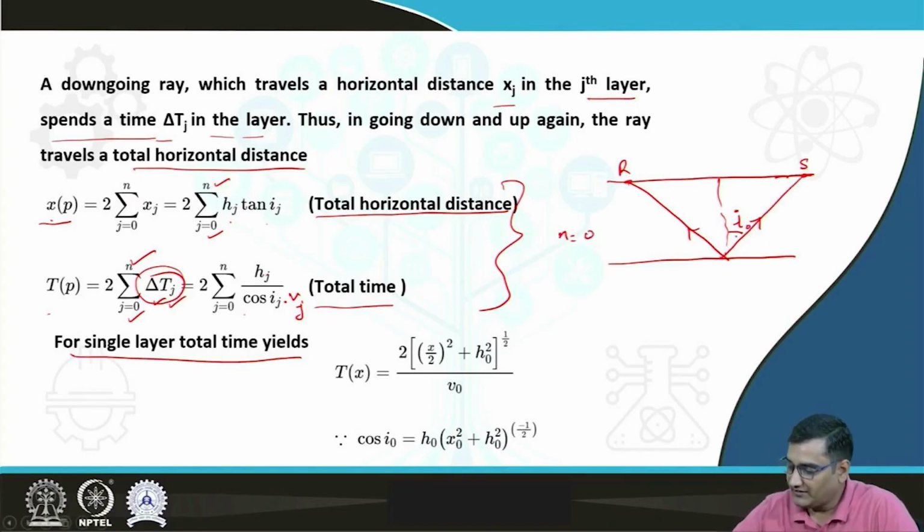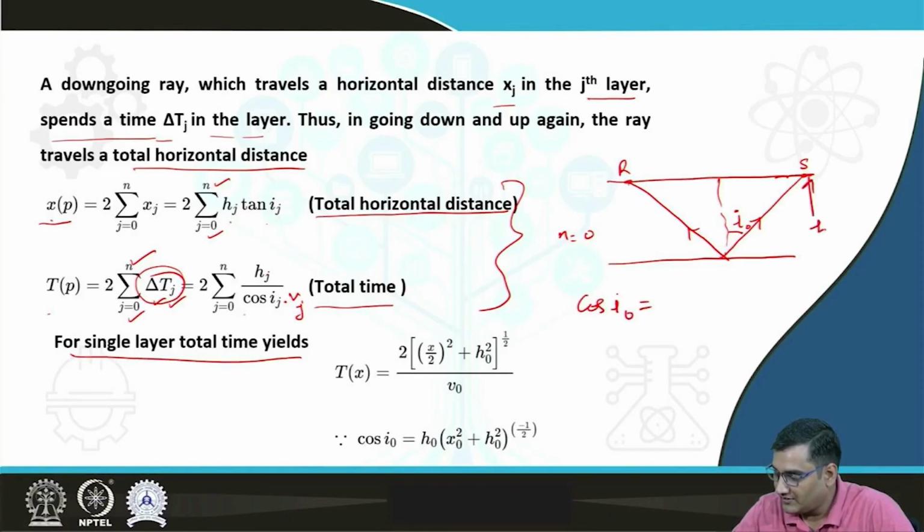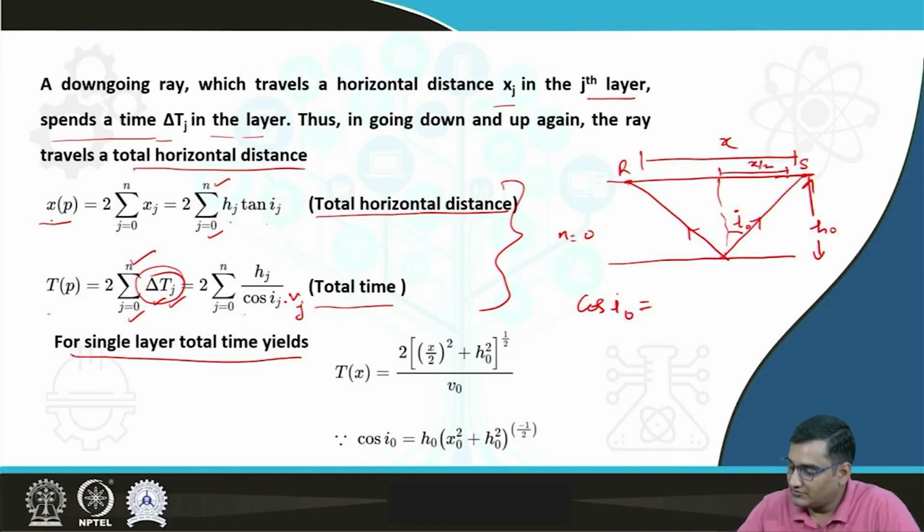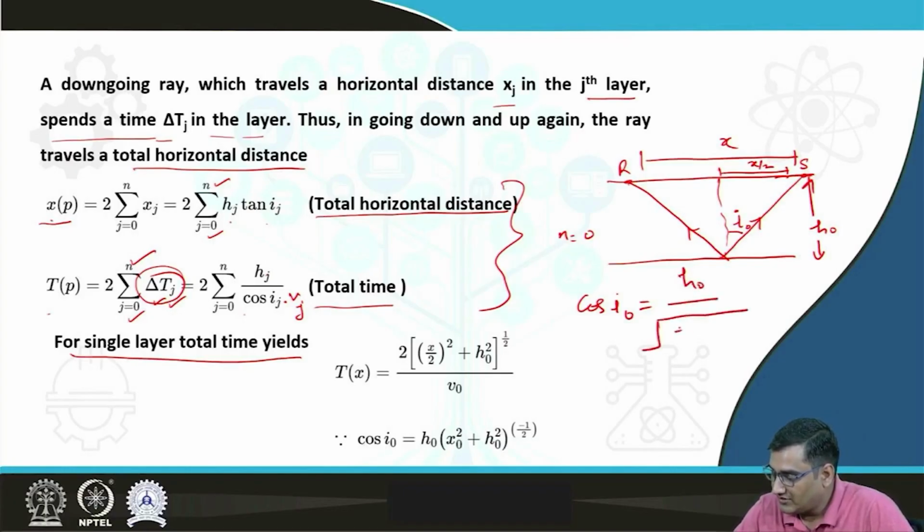And if we consider cos I naught, suppose the thickness of the layer is h naught and the offset distance is x, so this distance will be x by 2. So cos I naught will be equal to h naught divided by the square root of h naught square plus (x by 2) whole square.